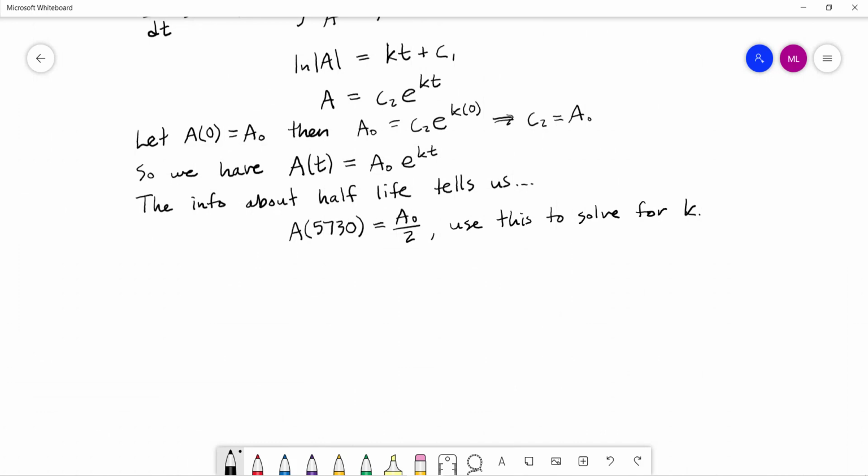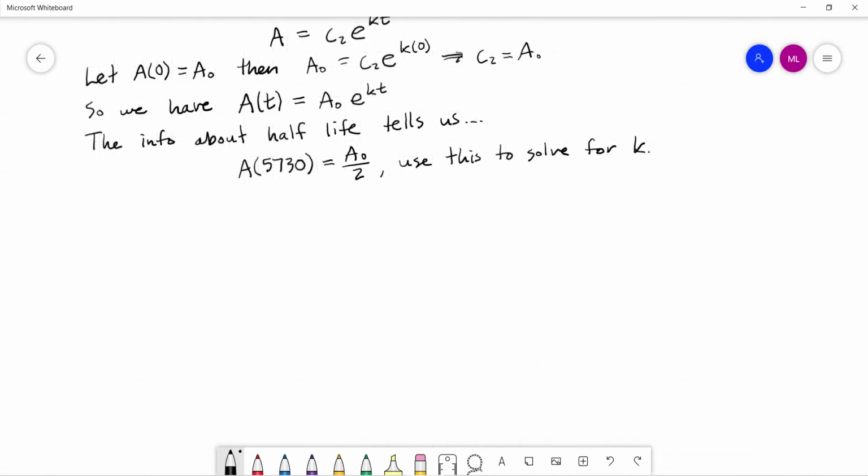So that's going to be our goal. Here's the equation. Let's plug this condition in to solve for k. When I plug in 5,730 in place of our lowercase t, the result that this equation should spit out should be the original A0 divided by 2. So after 5,730 years, the amount that's left should be A0 divided by 2.